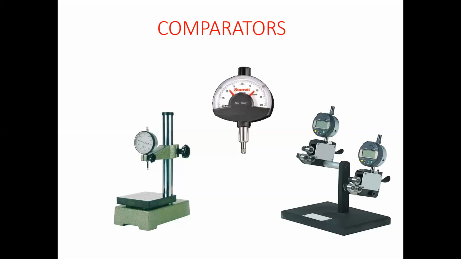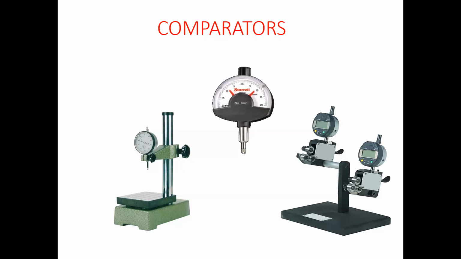What is the dial indicator? It simply indicates the dimension of the object, or variations in the object, right? It is used for actual measurement of the given work part. But comparators are meant for showing the deviations of the given work part from the standard.